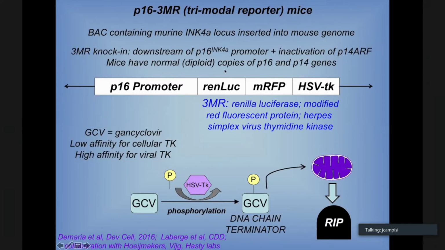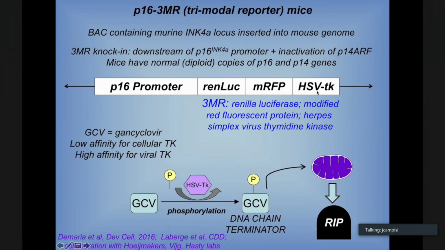It's a very complicated locus. But we engineered a bacterial artificial chromosome that we could then have the promoter drive an artificial protein, which is a fusion protein between a luciferase, so you can image senescent cells in vivo, a red fluorescent protein, so you can sort the cells from tissues.